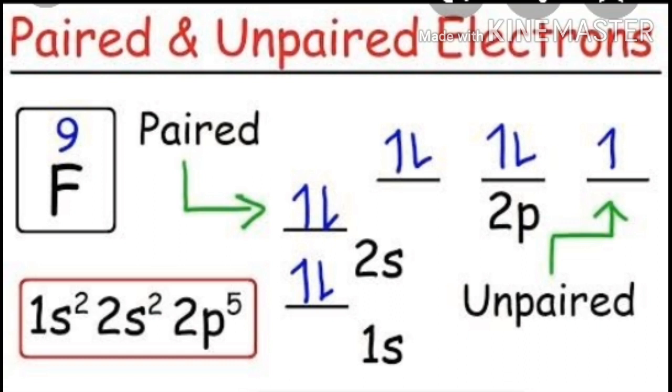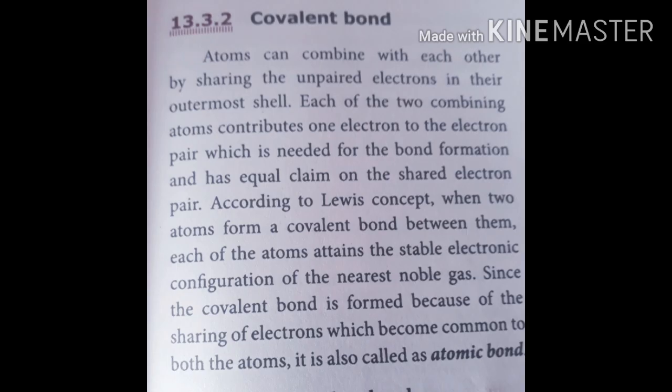So covalent bond is mainly based on the concept of these unpaired electrons. Let us see about the covalent bond. According to Lewis concept, when two atoms form a covalent bond between them, each of the atoms attains the stable electronic configuration of the nearest noble gas. Consider two atoms with unpaired electrons.